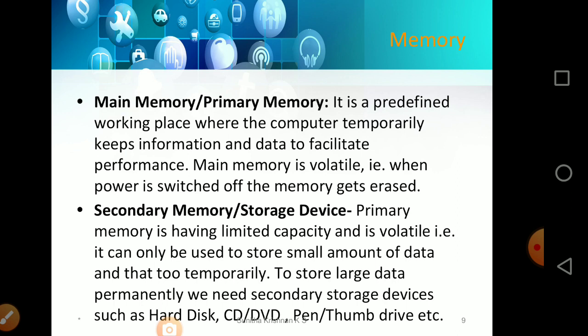When the power goes off, it is erased. But in the case of secondary memory, whatever is there will be stored whether there is power or not. Just like your pen drive, you store the data in it, and the data will be there as long as you are not erasing it. So that's an example of secondary memory.